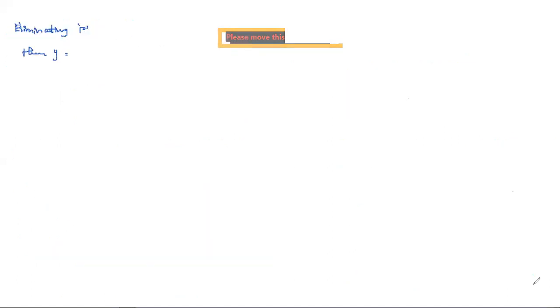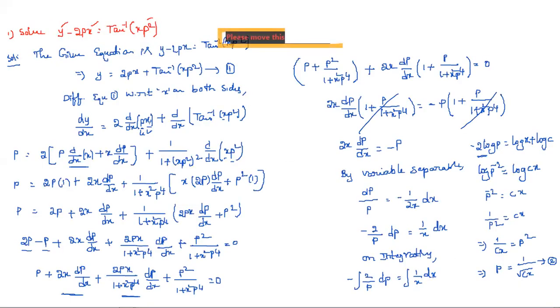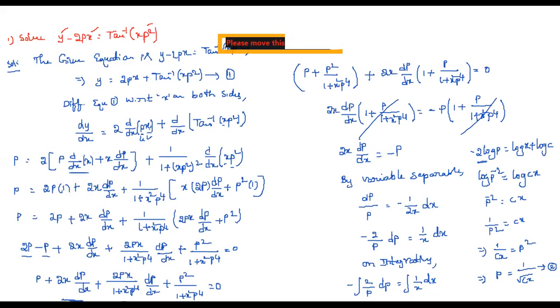So now y is equal to 2px plus tan inverse of xp square.